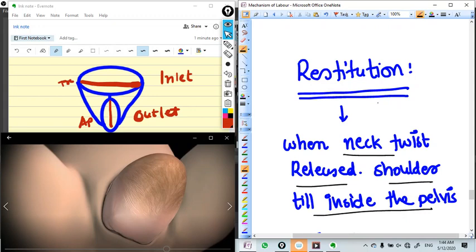That is called restitution. Restitution happens in the opposite direction of internal rotation and is of 45 degrees. It relieves the neck twist. Now the head is out.